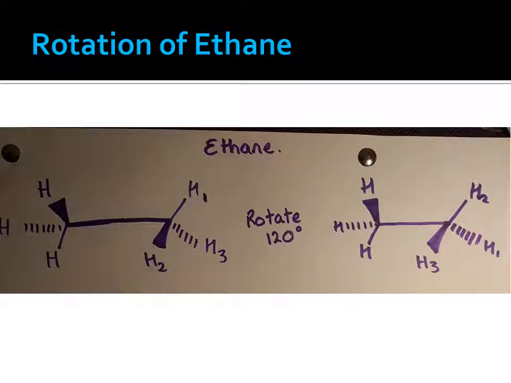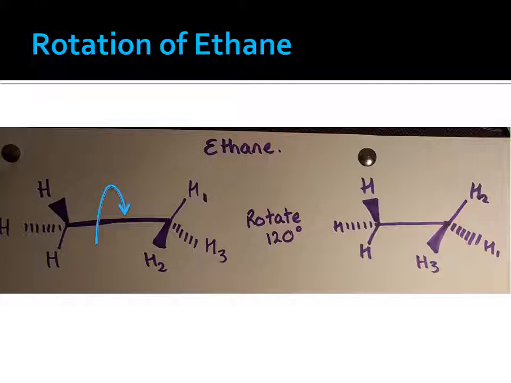If we look at the rotation of ethane and rotate it 120 degrees clockwise, we can see how this first hydrogen rotates down here and takes the position where the H3, the third hydrogen, was. And then this would rotate again to where the H3 is if we rotated it a further 120 degrees.